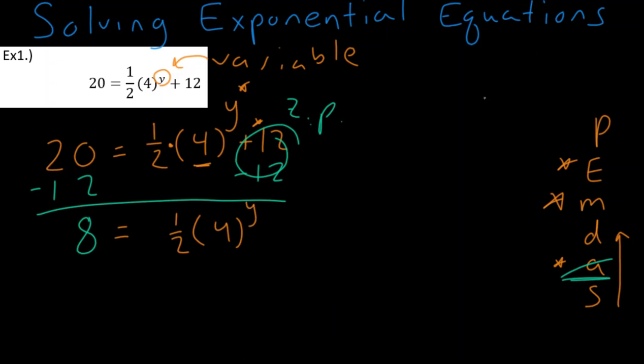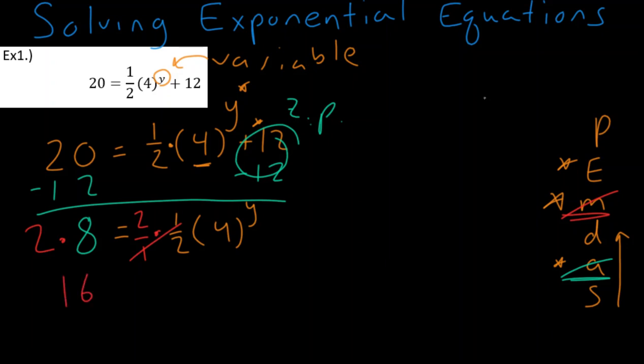To get rid of our multiplication, typically we would divide, but here we have a fraction, so we multiply by the reciprocal. The reciprocal of 1 over 2 is 2 over 1, which is really just multiplying by 2. 2 times 8 is, of course, 16.